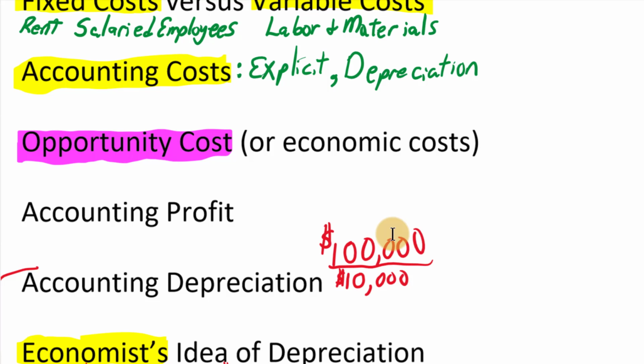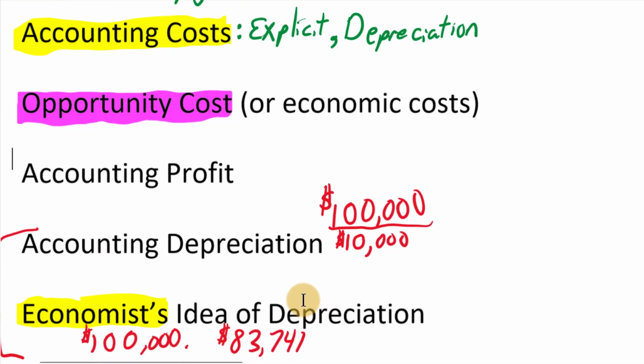So think about them as just economic costs. What are all the costs, including the explicit costs and the implicit costs of doing business? When we talk about opportunity costs or economic costs, we want to think about the real value of depreciation, right? Not looking it up in a table that might give us some fake, simplistic value.